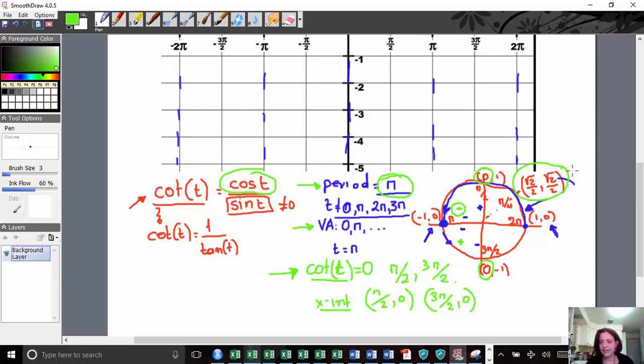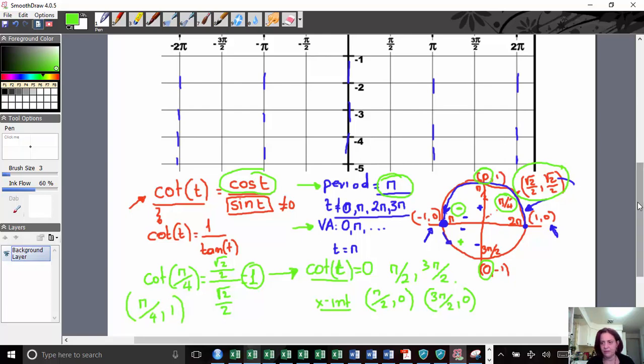This point tells us that at pi/4, the cotangent, that is basically cosine divided by sine, is going to be square root of 2 over 2 divided by square root of 2 over 2, and this is equal to 1. So we have another point for the cotangent: (pi/4, 1).